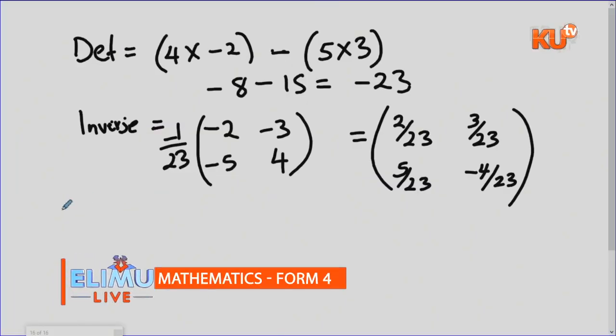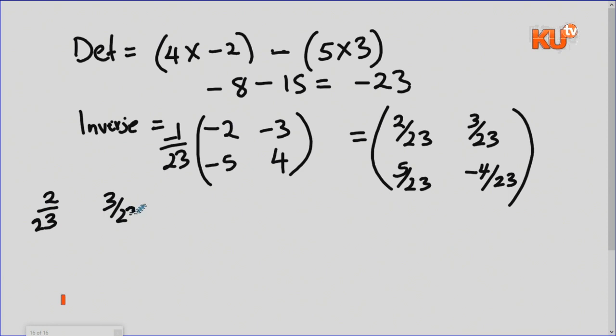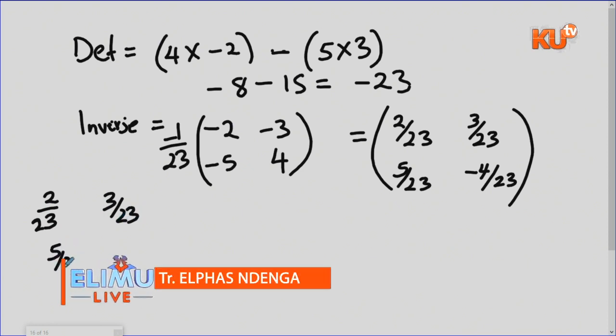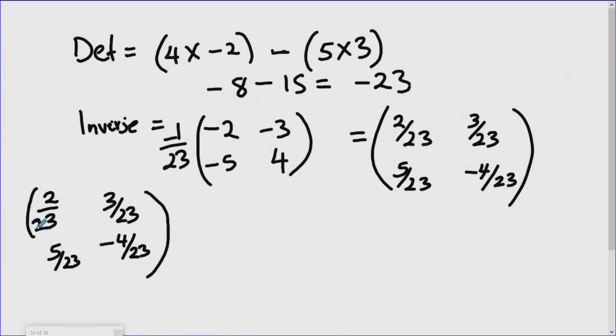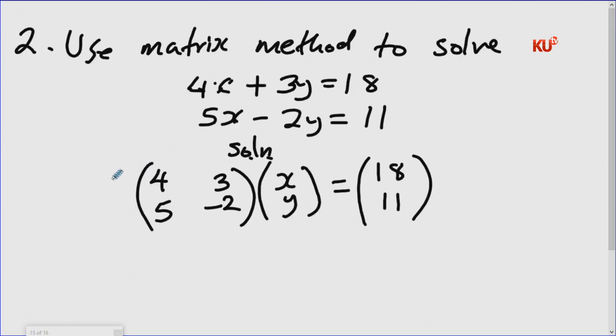Our inverse is 2 over 23, 3 over 23, 5 over 23, then negative 4 over 23. This is our inverse, of which we pre-multiply the matrix equation. When you talk of the matrix equation, this is what you are calling the matrix equation. So you pre-multiply by the inverse, where we put the inverse before this side, and again on the right-hand side before.